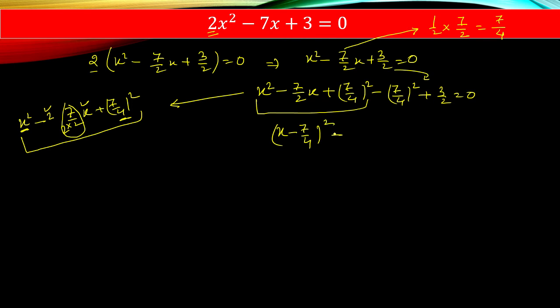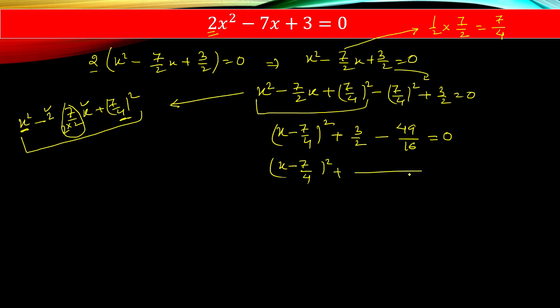If we write 3 by 2, the positive term first, and the negative term second, that is 7 by 4 whole square, which is 49 by 16. So we write it is equal to 0, and now it is x minus 7 by 4 the whole square.